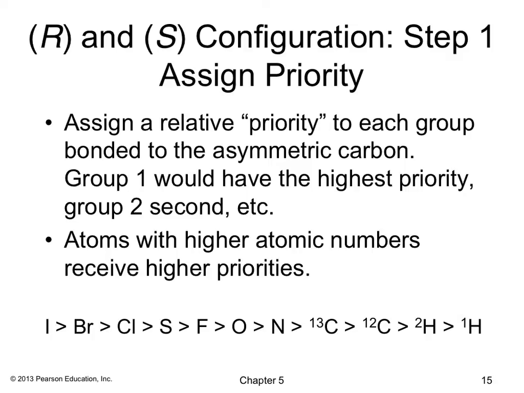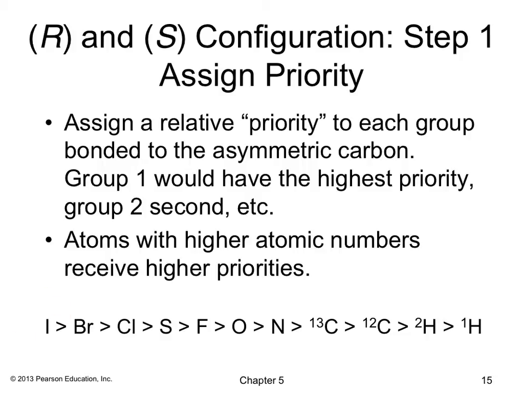So in order to do so, the first step is to assign the priority. You want to assign the relative priority to each group bonded to the asymmetric carbon. For example, group 1 would have the highest priority, followed by group 2, followed by group 3 and 4. Atoms with the higher atomic numbers receive the highest priorities, and you have to embed this in your memory so that you memorize this. So this is the priority in terms of which takes the priority.